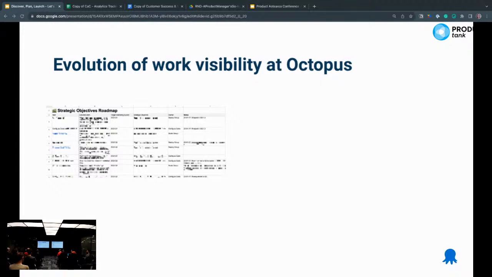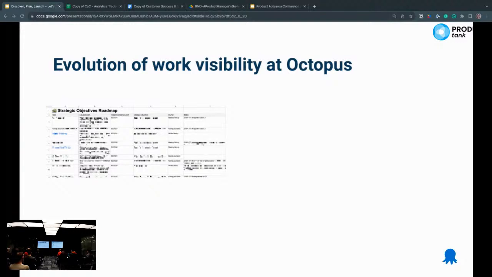And we ended up with a spreadsheet. One spreadsheet to rule them all, because there was no one tool to track all the work. And so our product managers maintained the delivery plan, which is more detailed, more fine-grained, looking a couple of quarters ahead, and our product directors maintained a high-level strategic roadmap, looking up to a year and a half ahead.